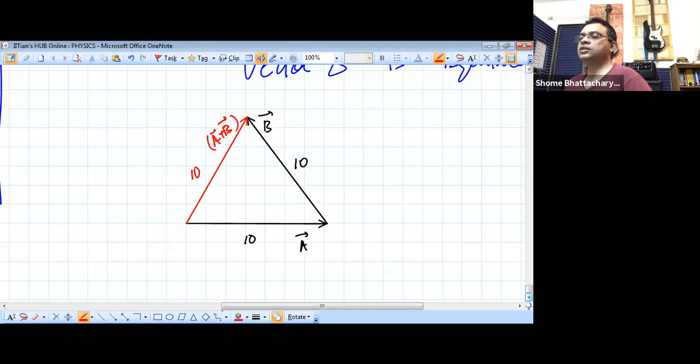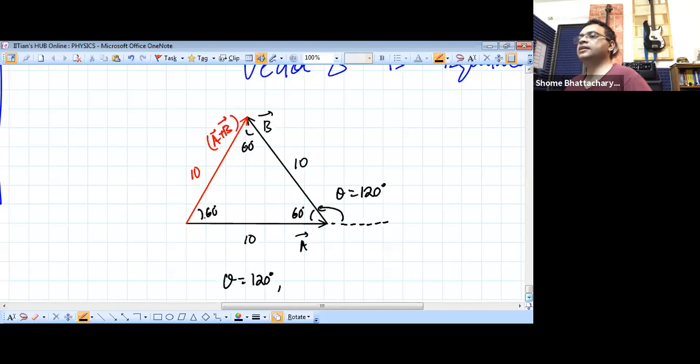So if the three sides are equal, that means each of these angles is 60. 60, 60, 60. So what about the angle between A and B? That is this angle. So the angle theta between A and B is 120 degrees. So theta is equal to 120 degrees.